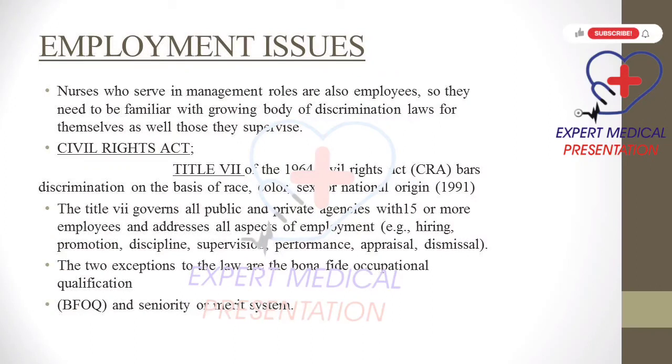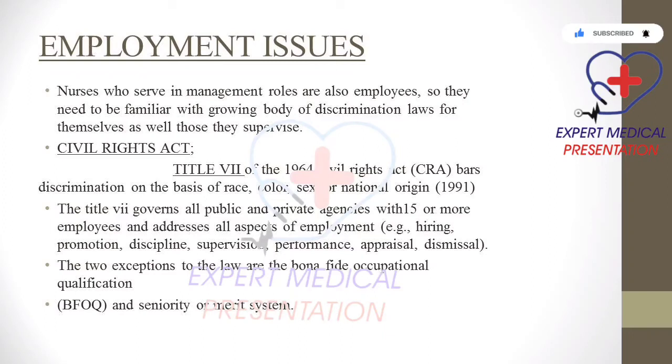Employment issues. Nurses who serve in management roles are also employees, so they need to be familiar with the growing body of discrimination laws for themselves as well as those they supervise. Civil Rights Act. Title VII of the 1964 Civil Rights Act, CRA, bars discrimination on the basis of race, color, sex, or national origin, 1991.